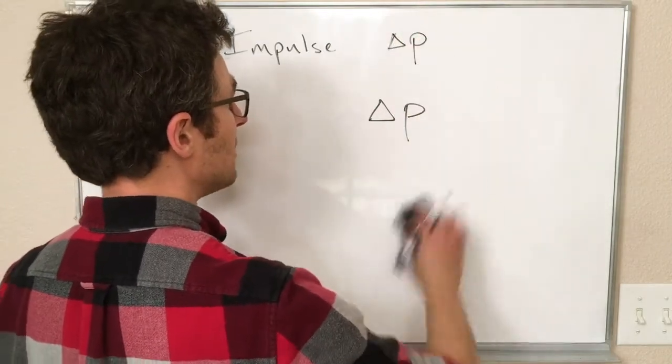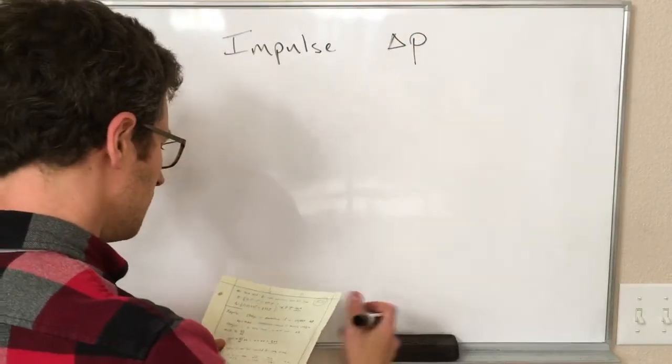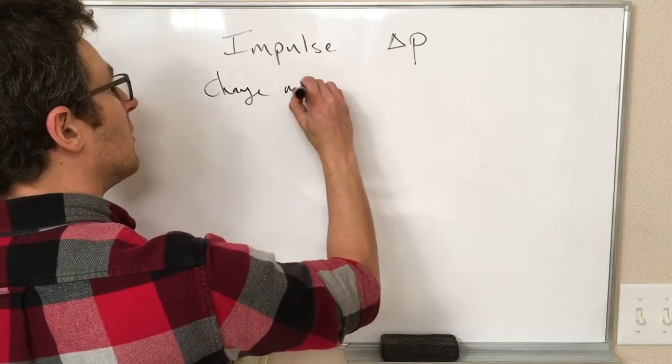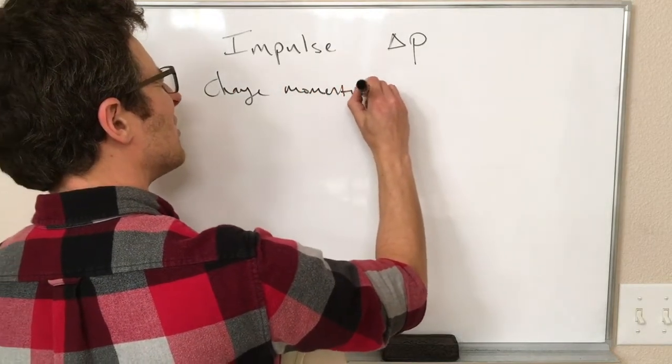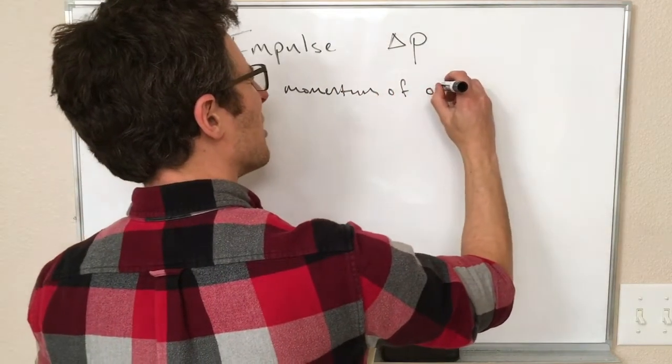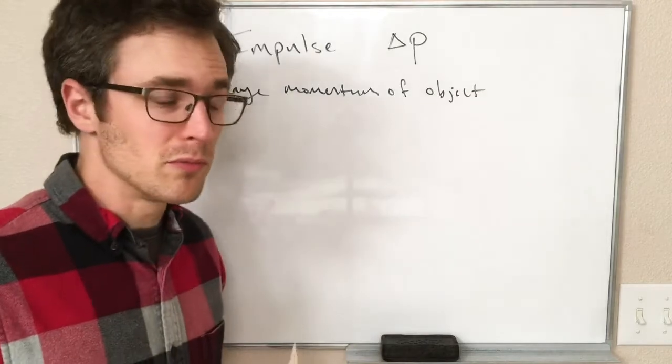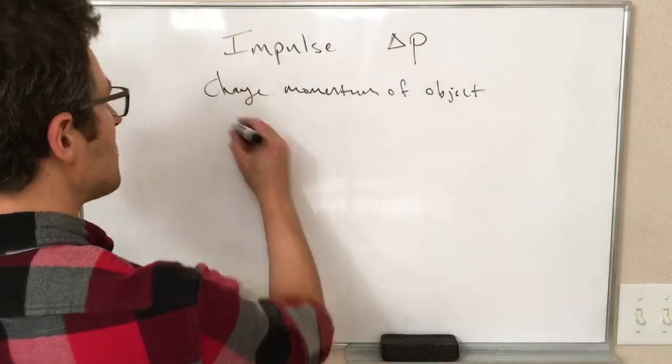So I just use delta P for my impulse variable, and it is literally the change in the momentum of an object from something acting on the object.